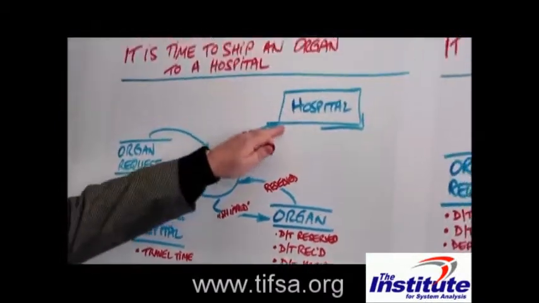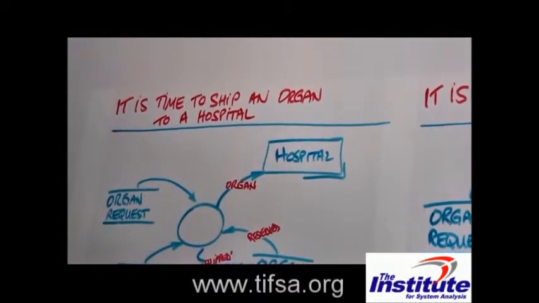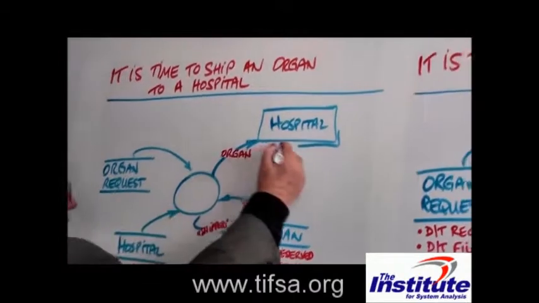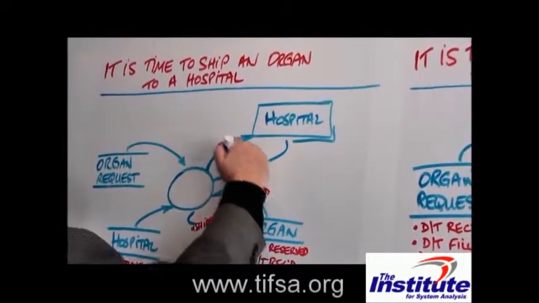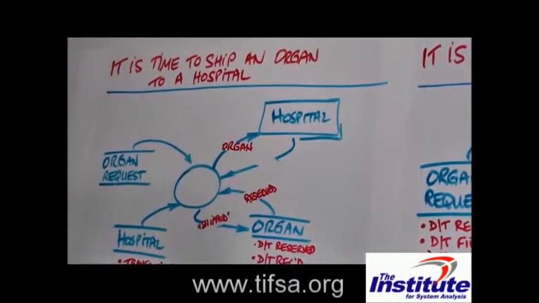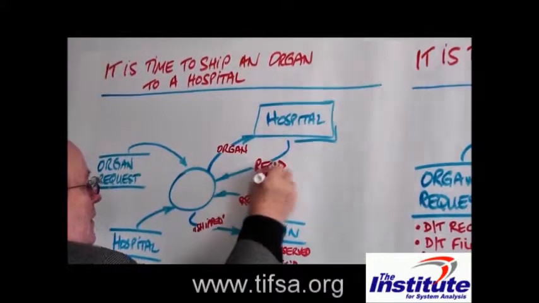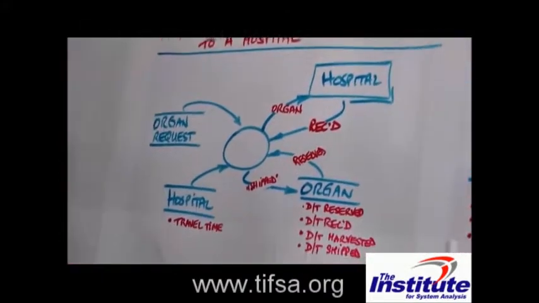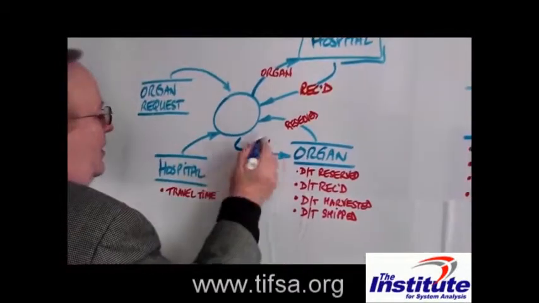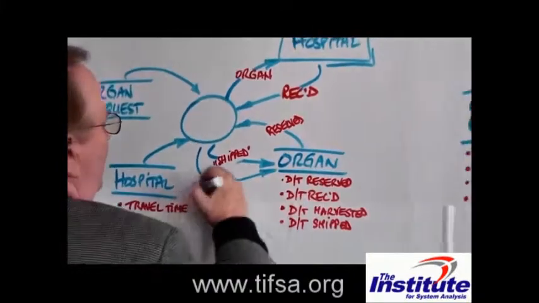And of course, we want to keep track of when they received it. So we want to get a data flow here confirming the fact that it was received. And I want to remember that it was received here as well. So not only shipped, but also the date and time received.